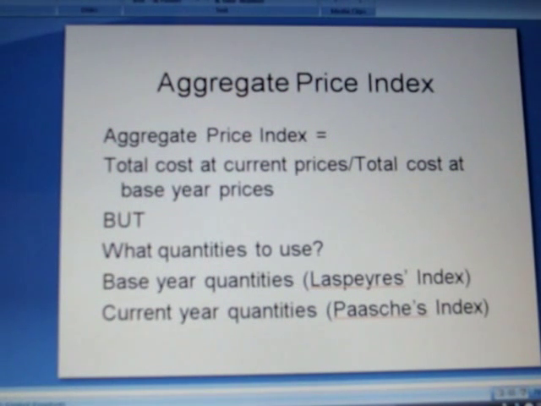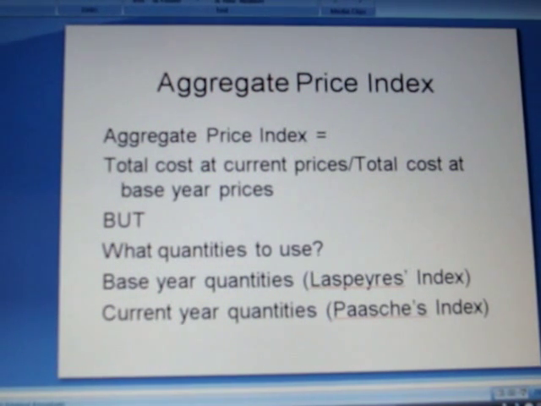But what quantities to use? Because it's a problem. For comparison, we need the same quantities both in numerator and denominator. We don't have any choice but either to use base year quantities or current year quantities.